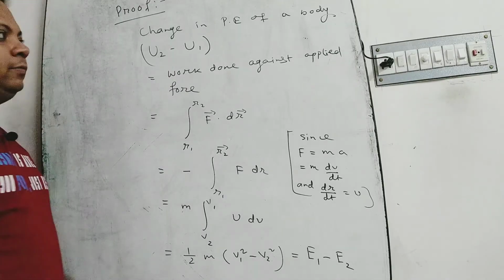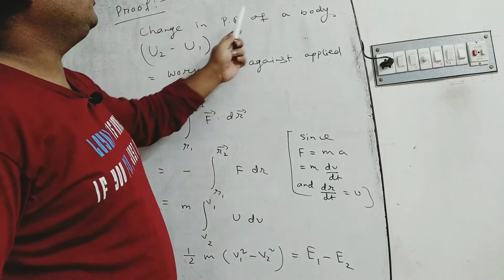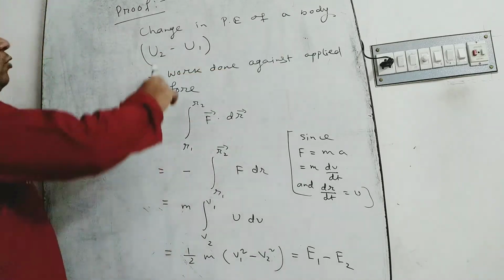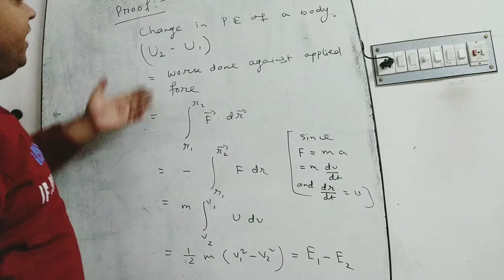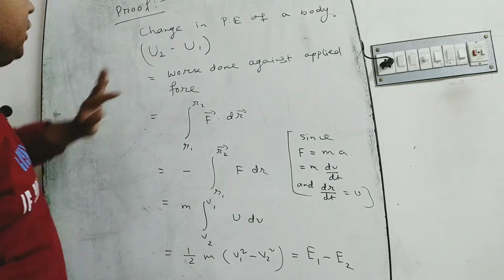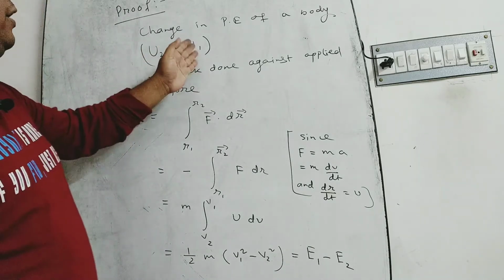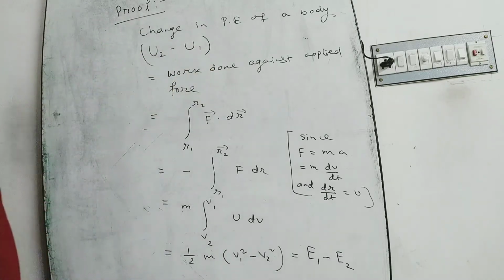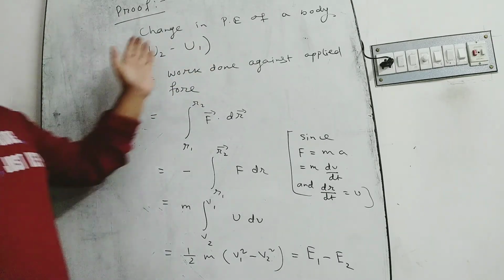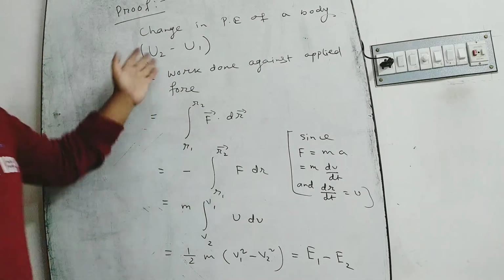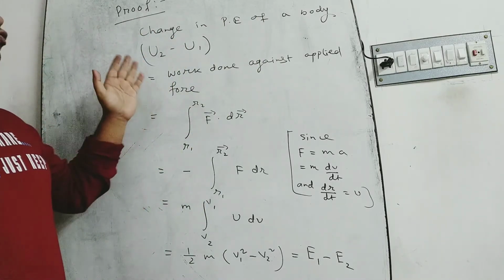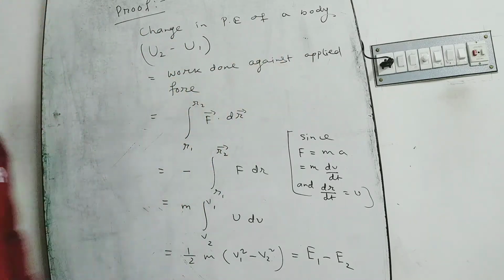Proof. Change in potential energy of a body, that is U2 minus U1, where U2 is the final potential energy of the body and U1 is the initial potential energy of the body. Therefore, change in potential energy of the body U2 minus U1 is equal to work done against the applied force.